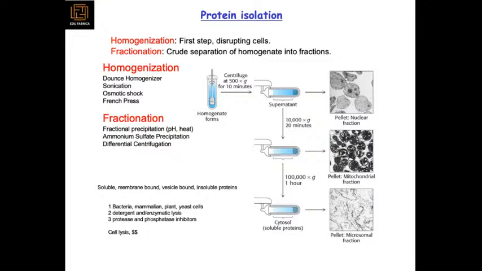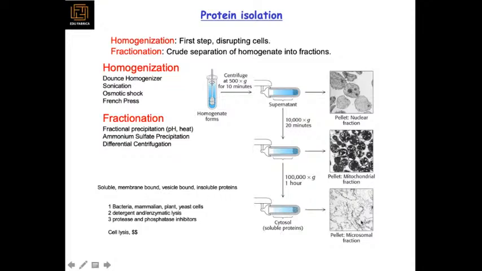The homogenate is centrifuged at 500 G for 10 minutes. Then the pellet that we get will have nuclear fractions. Then we again go for 10,000 G centrifugation for 20 minutes. Then the pellet has the mitochondrial fraction, whereas the supernatant is centrifuged again at 100,000 G for 1 hour.